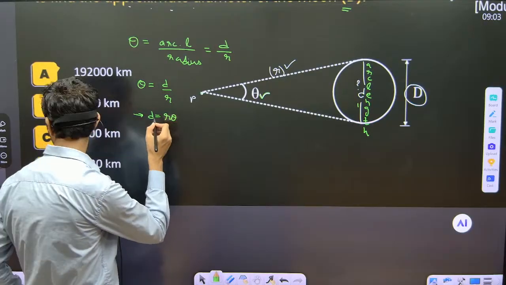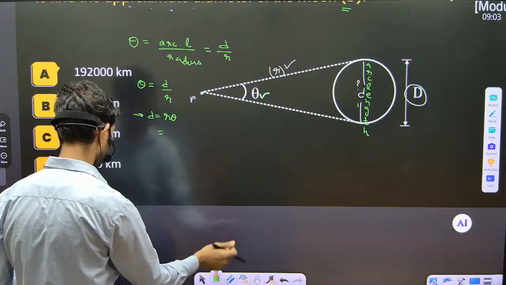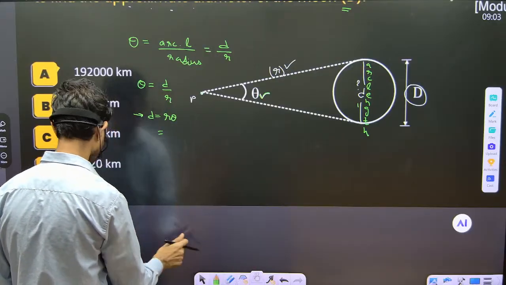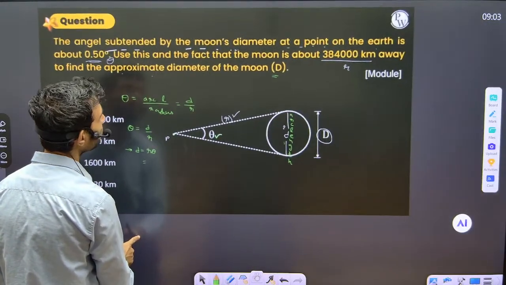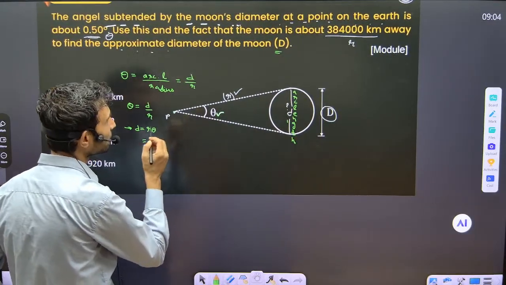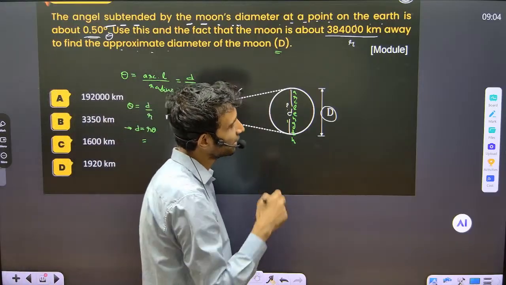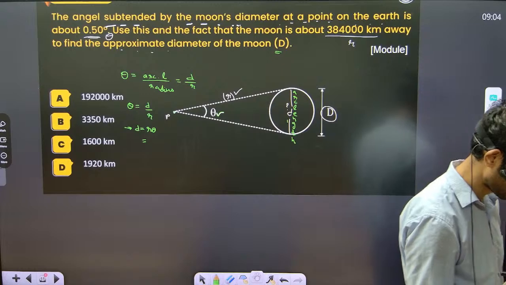So let's put the value of R. What is the value of R? The value of R is given as 384,000 kilometers.